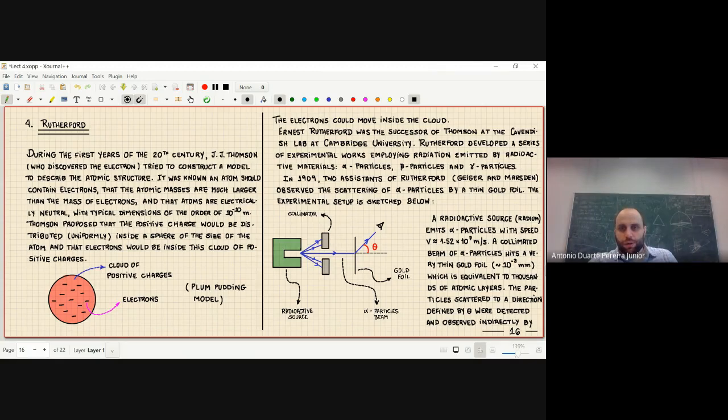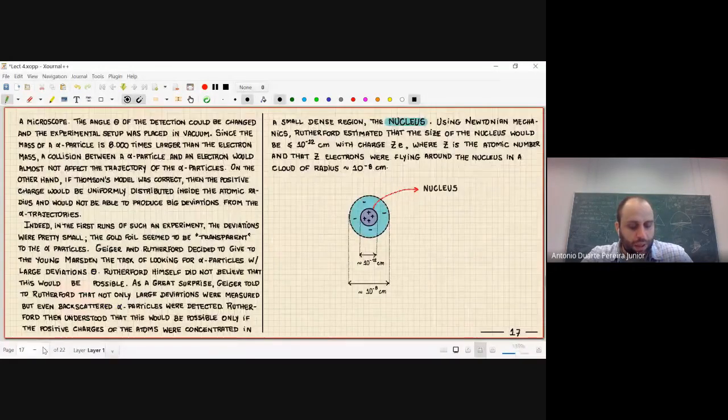And there is a question in the chat. Let me see. Please, can you come again to why you want to find the line? Okay, so actually, Rutherford did not believe that he could get large values of theta. And they only insisted on this experiment because Marsden was initiating his scientific career, and Geiger and Rutherford just said, well, do more measurements about this scattering and see what is the largest value of theta that you can get.